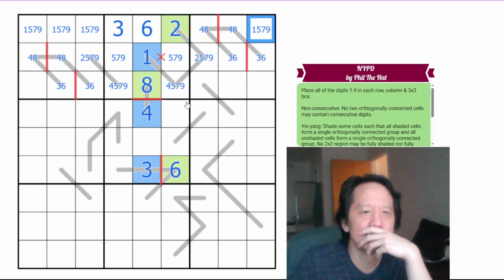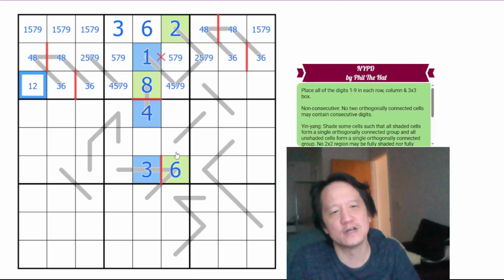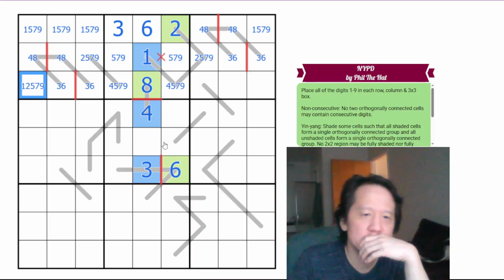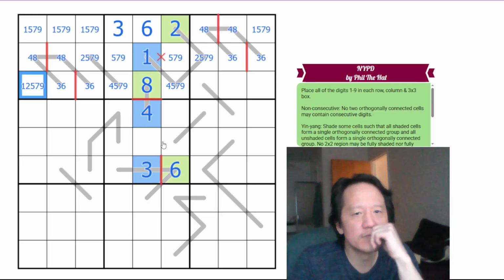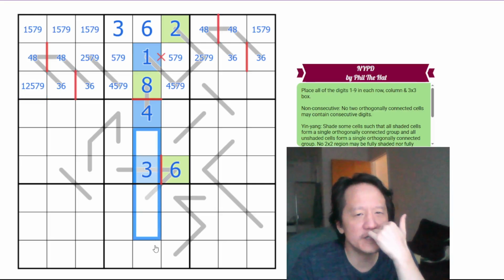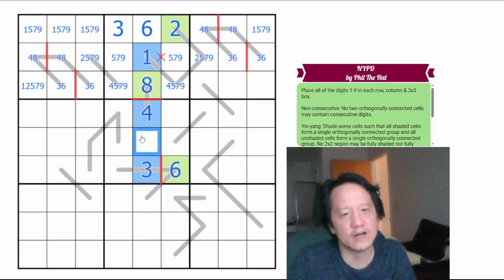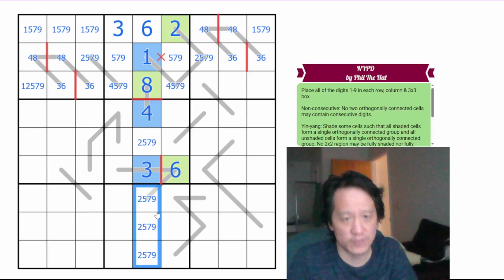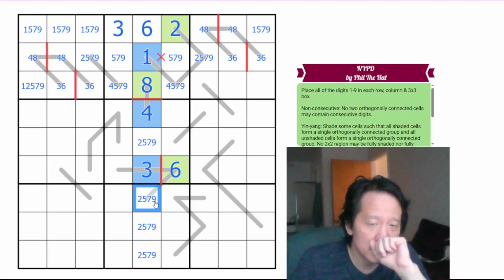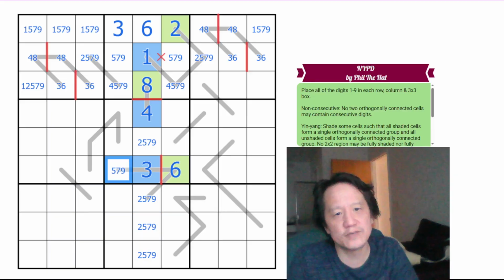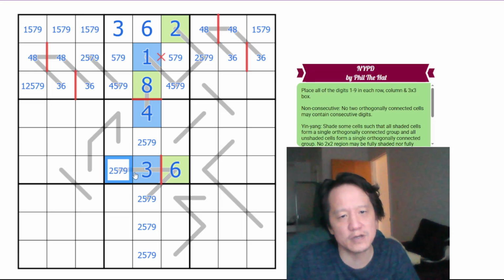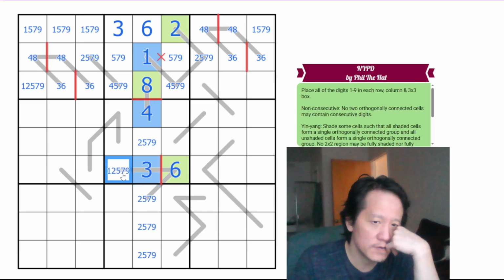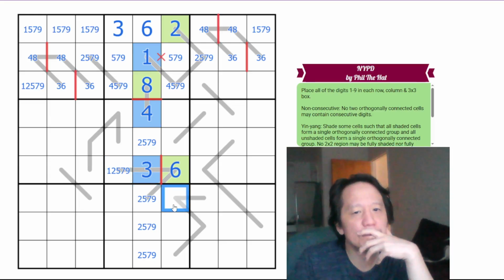This is 1, 2, 5, 7, 9. The remaining digits in column 5 have to be 2, 5, 7, 9. That means this is 5, 7, 9. It could be 2 or 1.